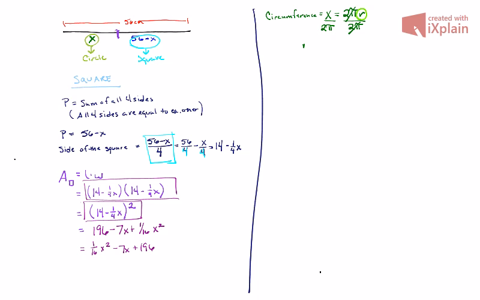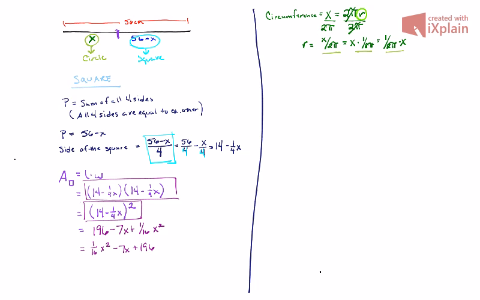We know now that r is equal to x over 2 pi, or again we can write this as x times 1 over 2 pi, or 1 over 2 pi times x. Okay, all three of these representations, let me stress to you, are the same thing. They're just displayed differently.